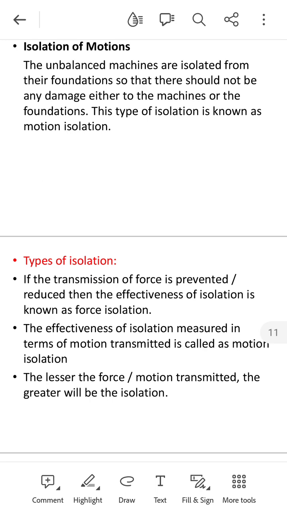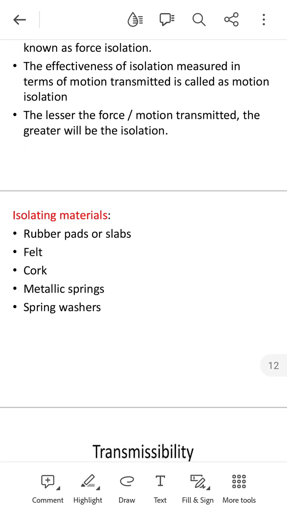The effectiveness of isolation measured in terms of motion transmitted is called motion isolation. The lesser the force or motion transmitted, the greater the isolation.